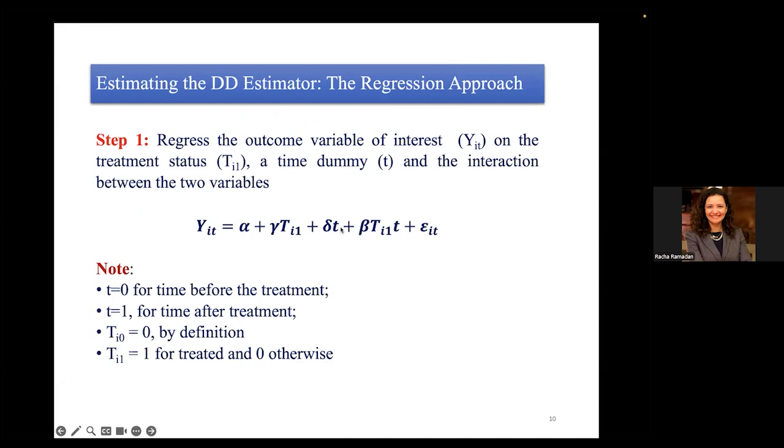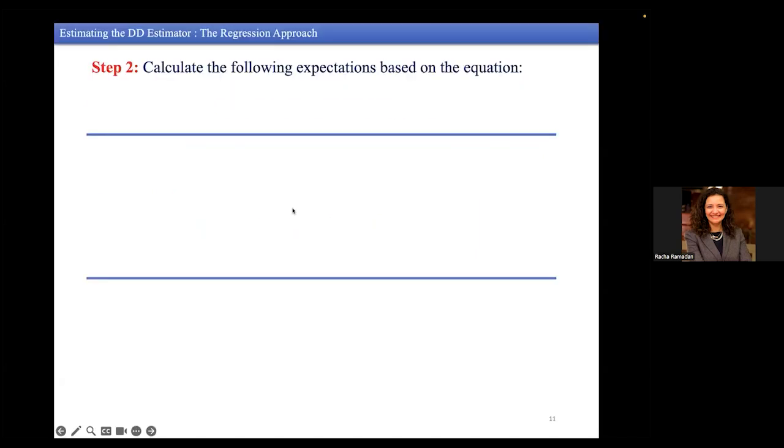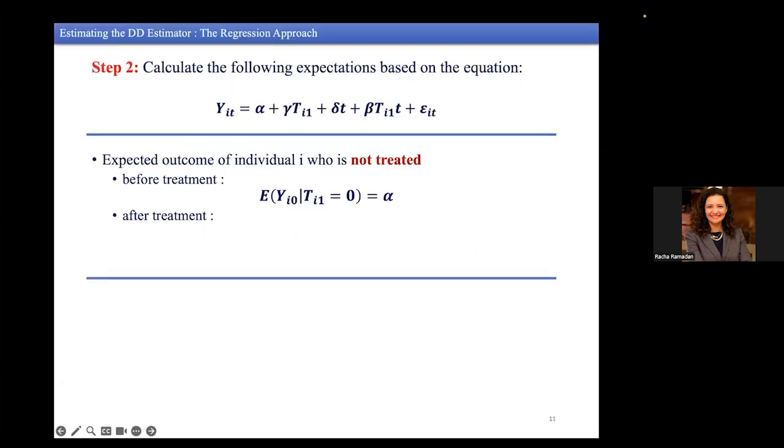This means before the implementation of the program. So in this case, all this term will be equal to 0. The expected value of our error term should be equal to 0 given the hypothesis. So the expected income of an individual who is not benefiting from the program at the period before the implementation of the program will be simply the constant term alpha.